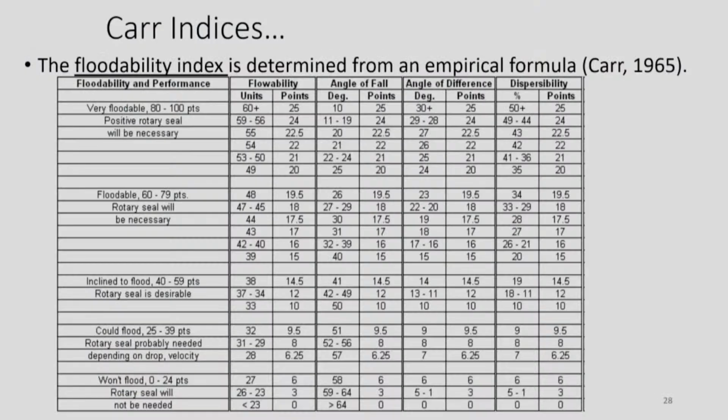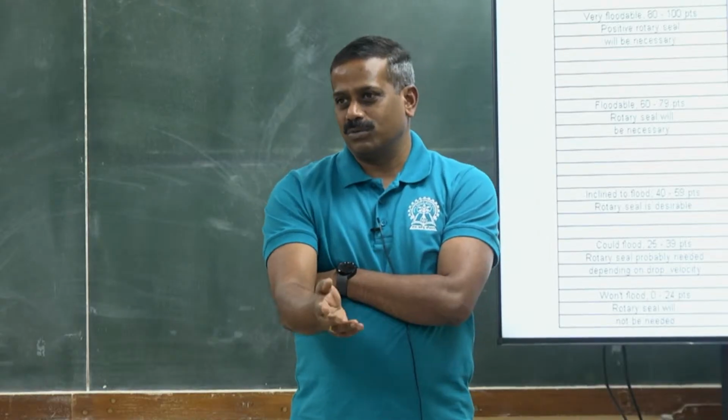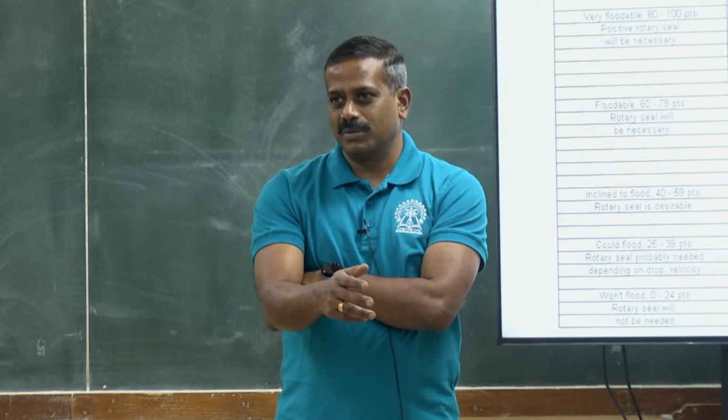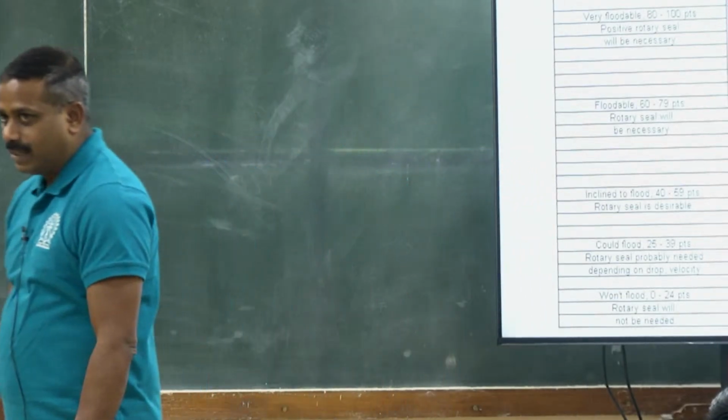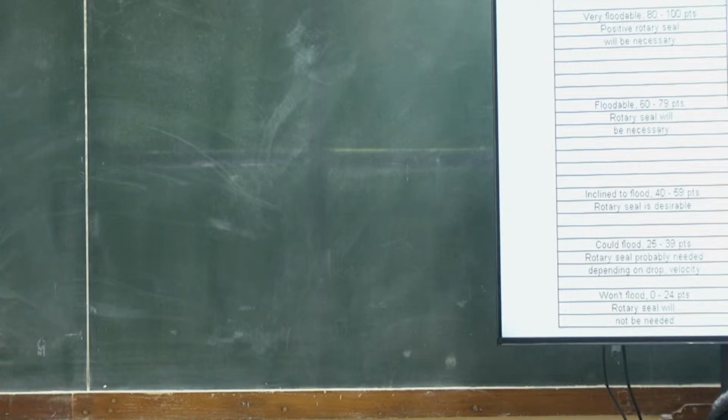If it's uncooked rice, it will flow easily, right? But when you cook it, it becomes very cohesive. You take a spoon of cooked rice, and the angle of fall wouldn't change. The angle of repose will be the same as the angle of fall. So in those conditions, the difference is kind of zero.